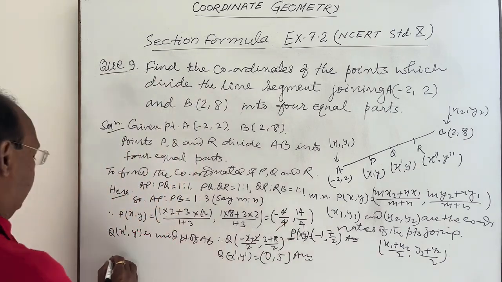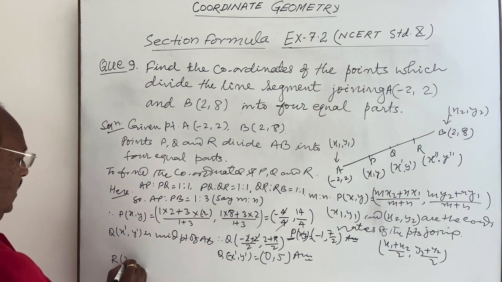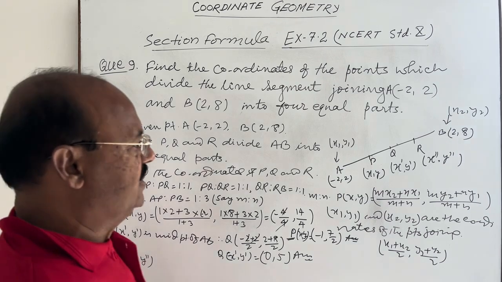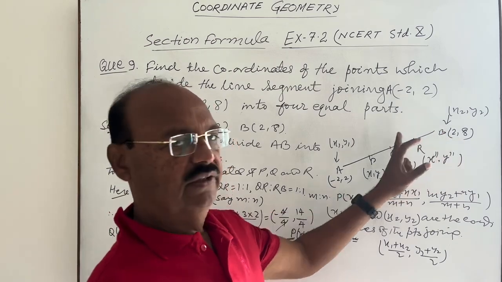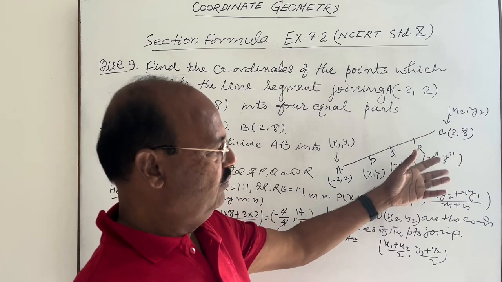Now we have to find the coordinates of R, having coordinates x double dash, y double dash. Here you see R is the midpoint of QB, so we can use the same midpoint formula.